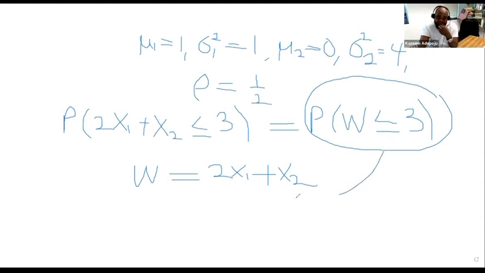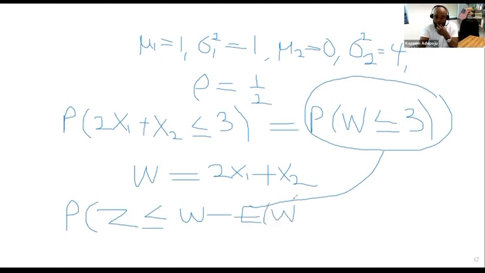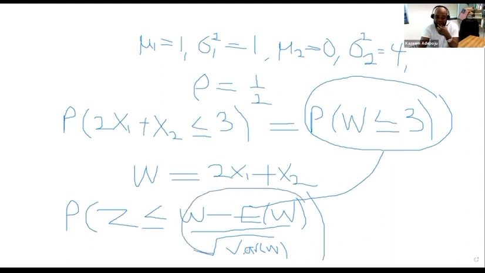So the probability of W less than or equal to 3 is going to be the same as the probability of Z, the standard normal random variable, less than or equal to (3 minus the expected value of W) divided by the square root of the variance of W. Then I go into the standard normal table to check that.